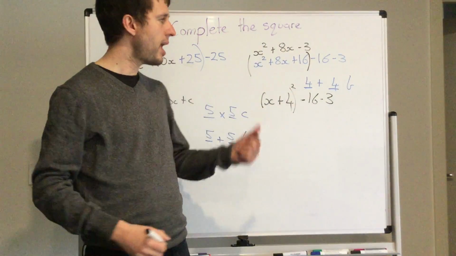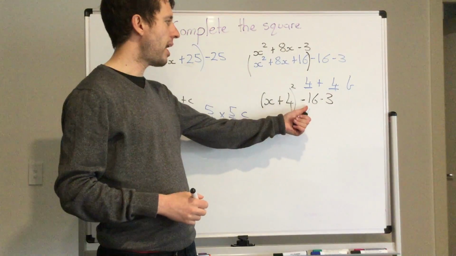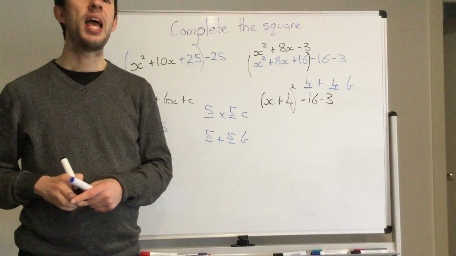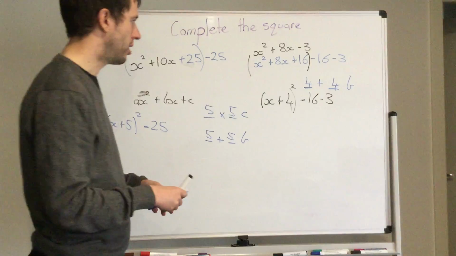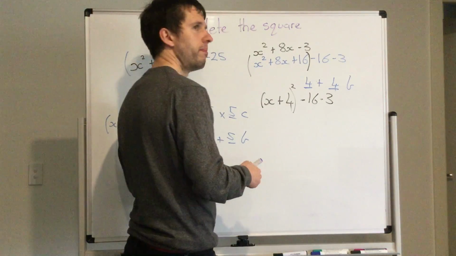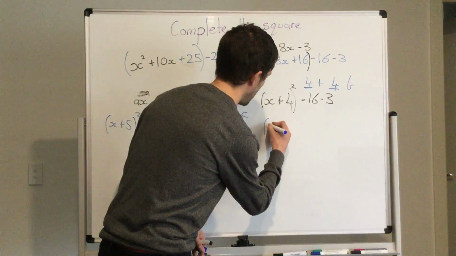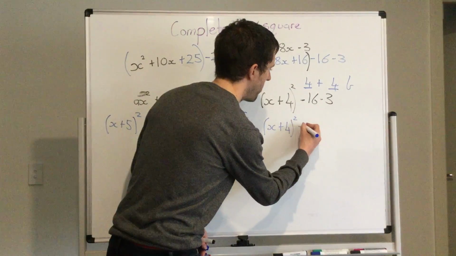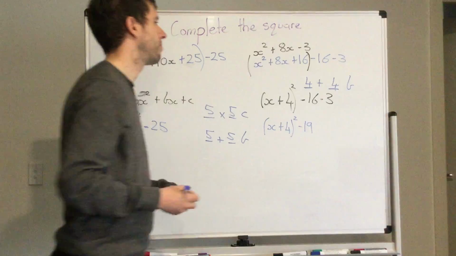Now we simplify. If I've got minus 16 and I'm taking another 3 away, it becomes minus 19. So our complete answer is x plus 4 squared minus 19.